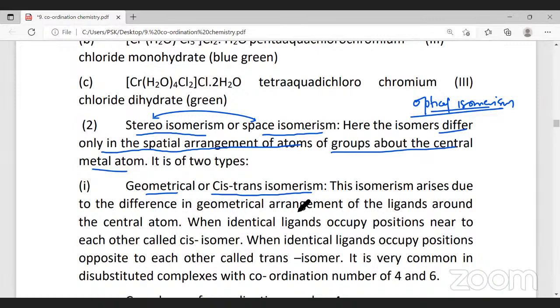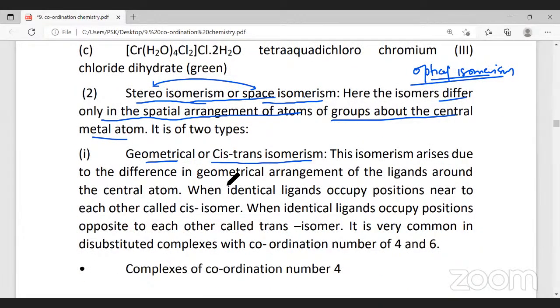Now, the stereoisomer definition I gave you: coordination compounds having same molecular formula, same structural formula, but differing only in the spatial arrangement of atoms or group of atoms about the central metal atom in space. Those are called geometrical isomerism. Now, two types I told you. The first one is cis-trans isomerism.